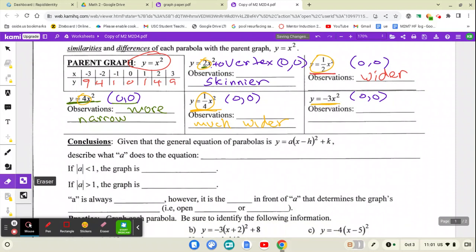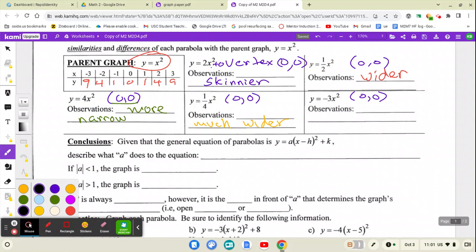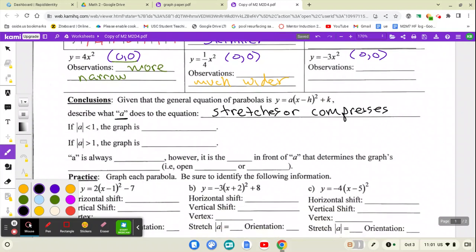I just want to pause for a minute and let's see what we have discovered so far. So far, what does A do? It either stretches it or compresses it. Stretches or compresses. If the A value is less than 1, that's meaning a fraction.